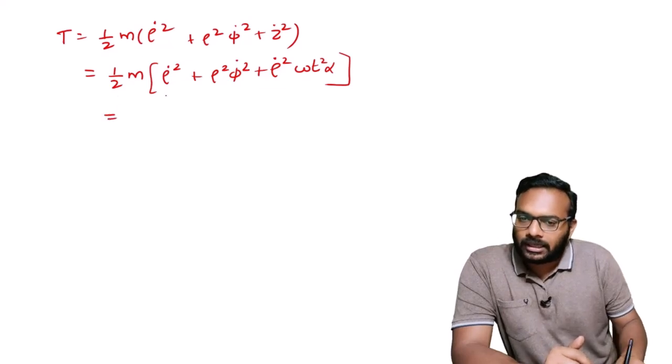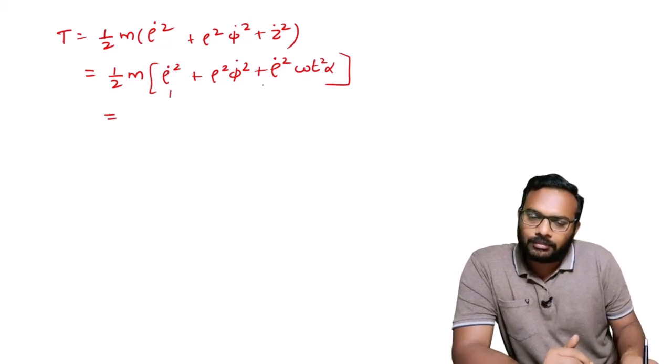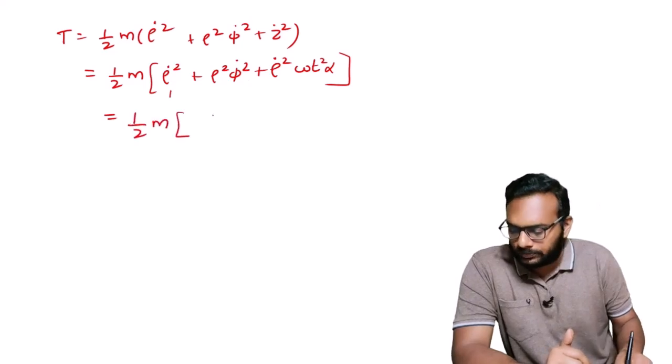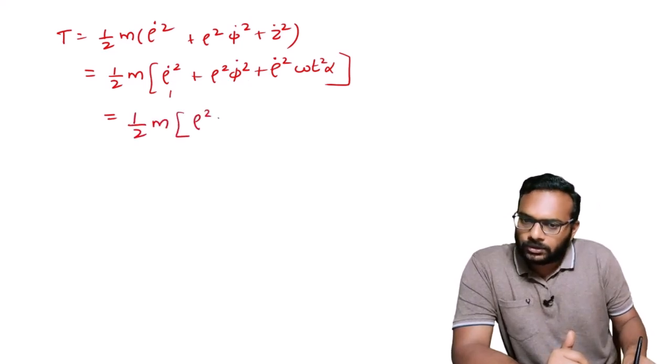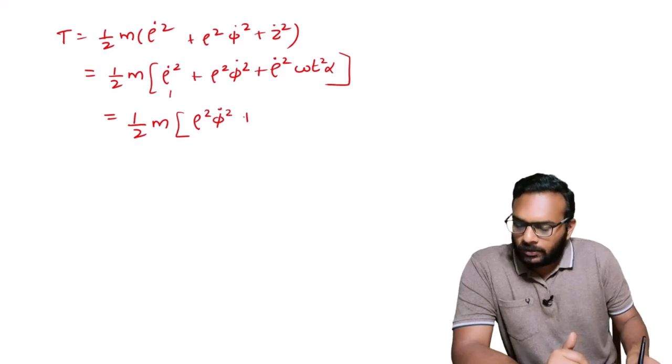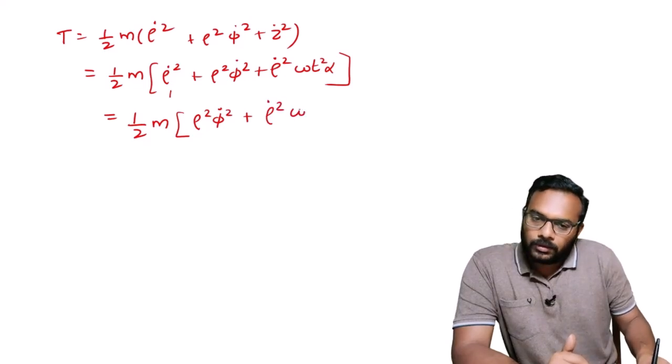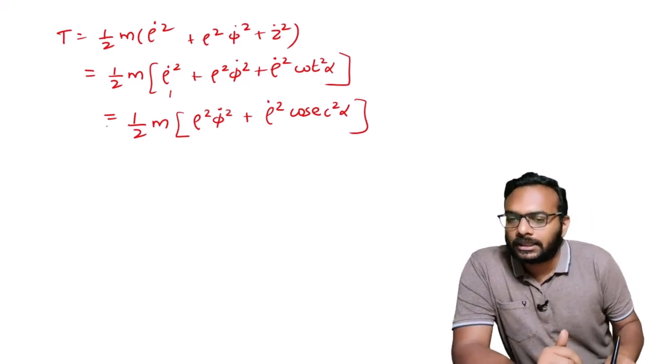Now we can combine the rho dot square terms, and 1 plus cot square alpha is cosecant square alpha. So this becomes half m times rho square phi dot square plus rho dot square cosecant square alpha. That's the kinetic energy.